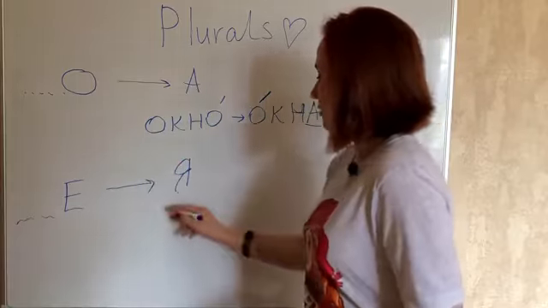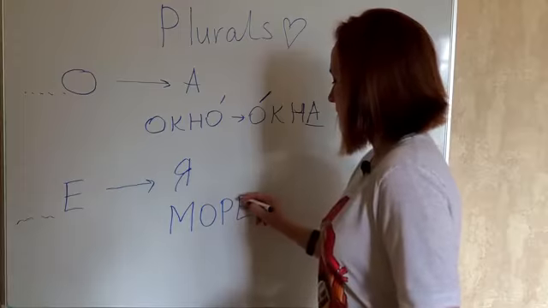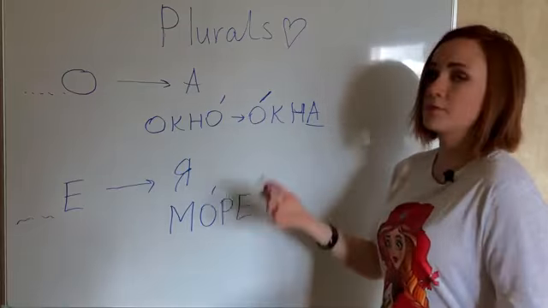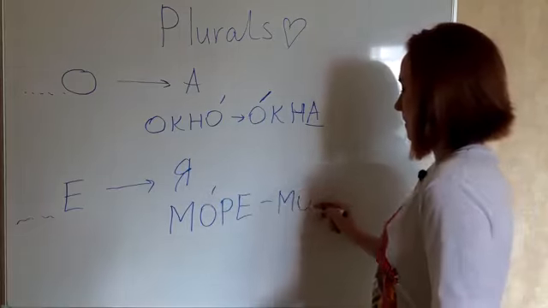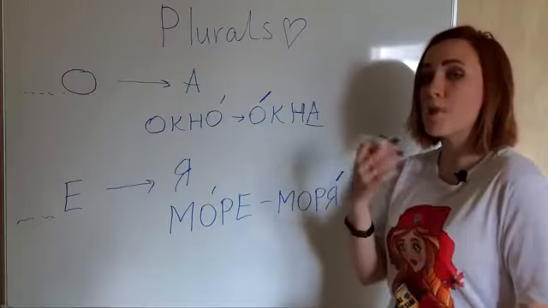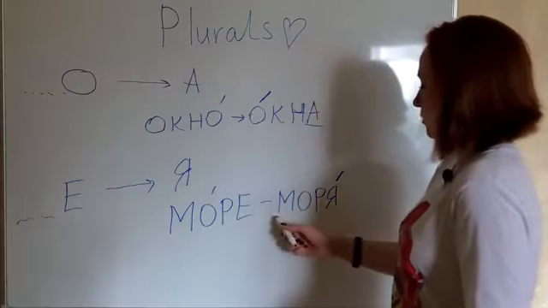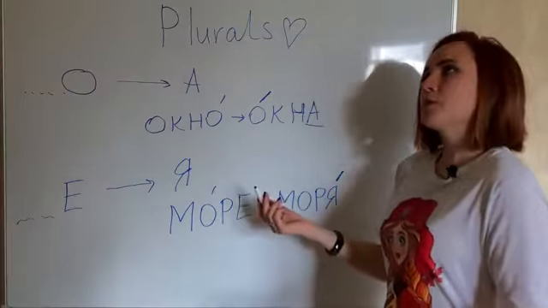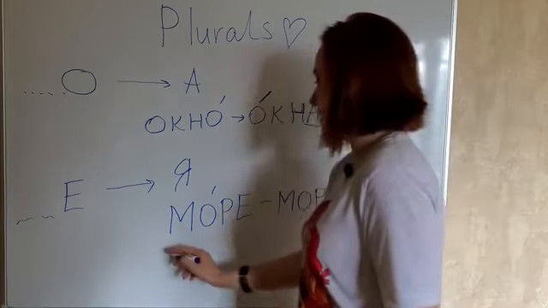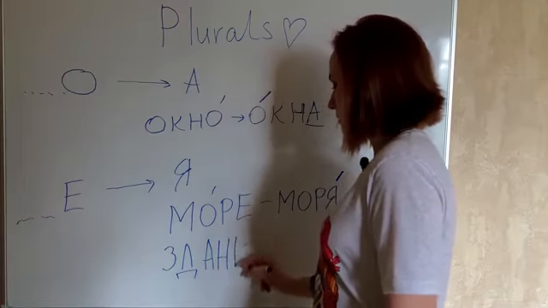So ya, for example, the word sea, море. Look at the ending. Ye turns to ya. Моря. Again, моря, vowel reduction. Always remember about it. Or maybe another word: building, здание.